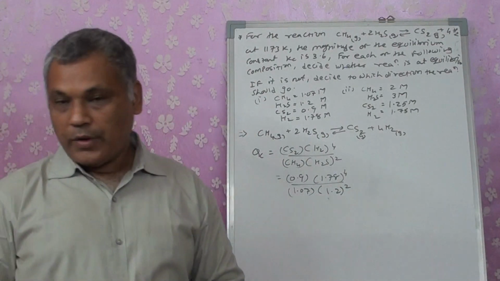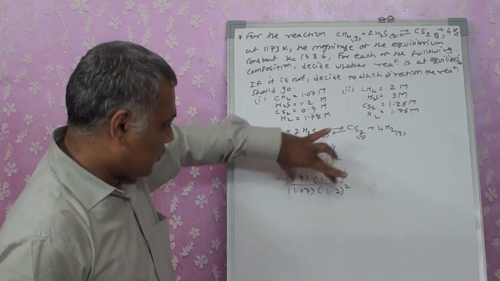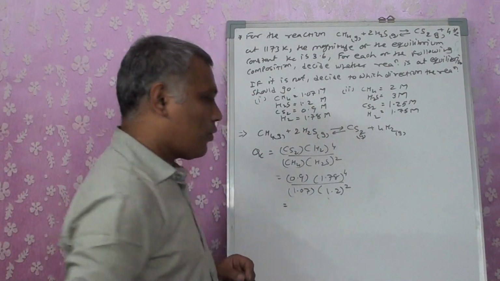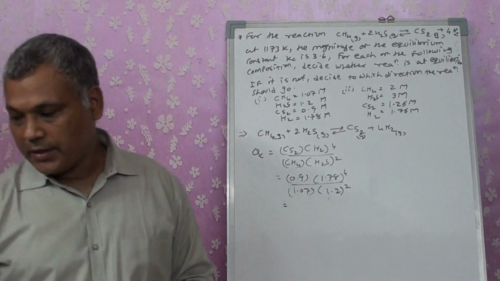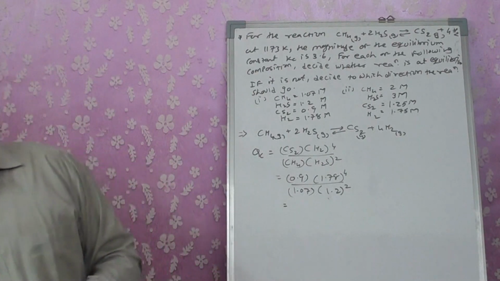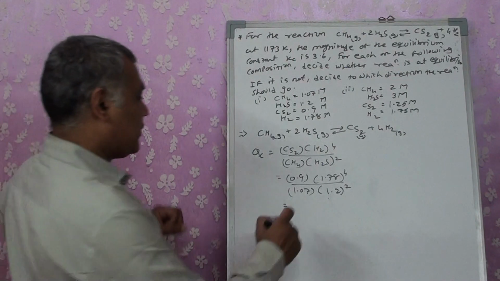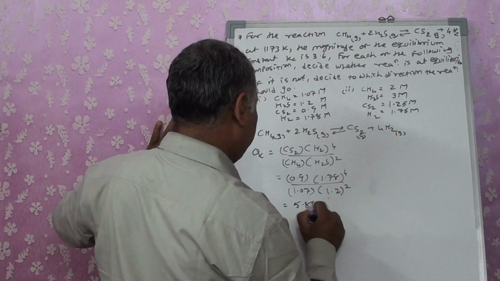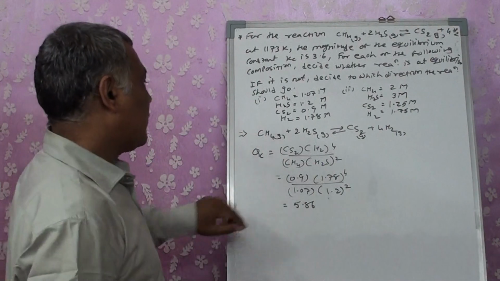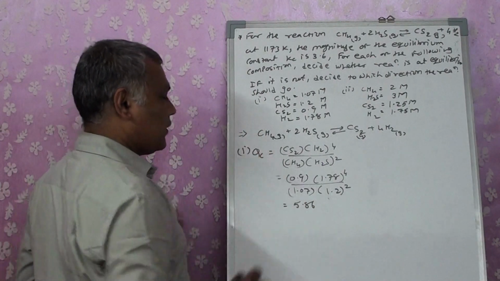Now as I already told you, this answer you are going to get by making the calculation. You will be getting the answer as 5.86. When I did the calculation, I got 5.86.